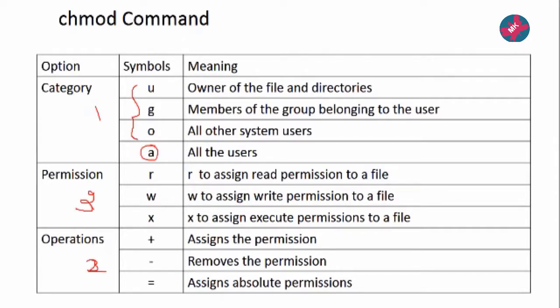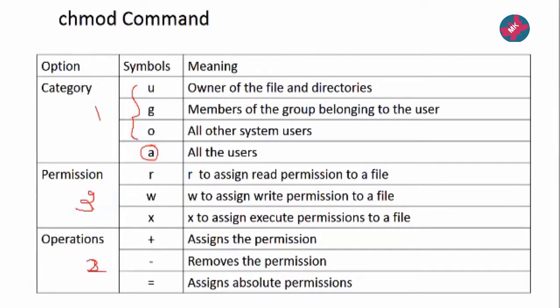We discussed that there are three types of permission: read, write, and execute, denoted by the symbols r, w, and x. Don't get confused that since it is execute it should start with e. No, in Linux, execute permission is always denoted by x. So this is the table for the symbolic notation.